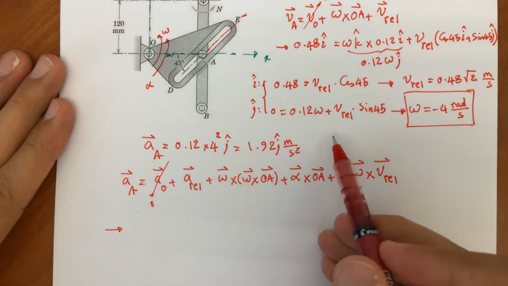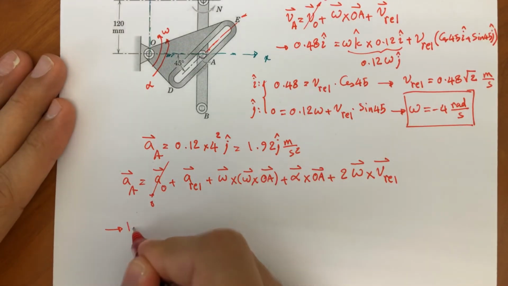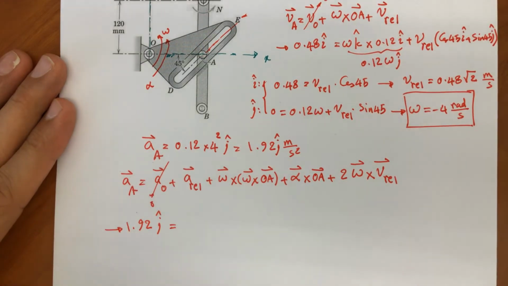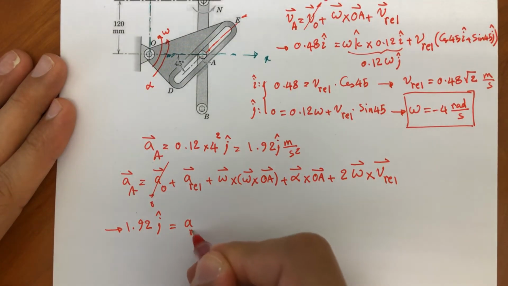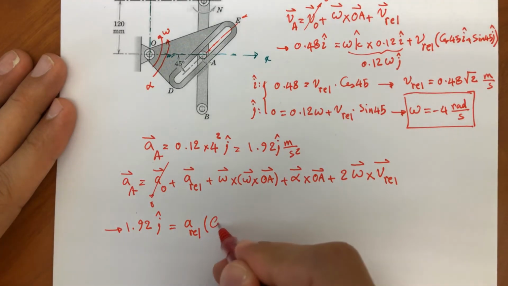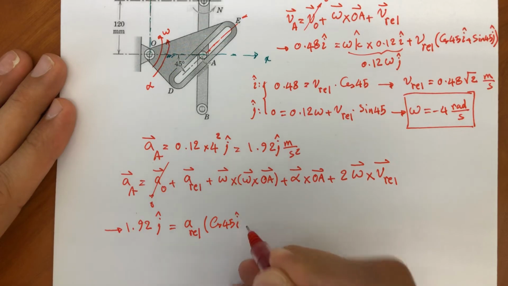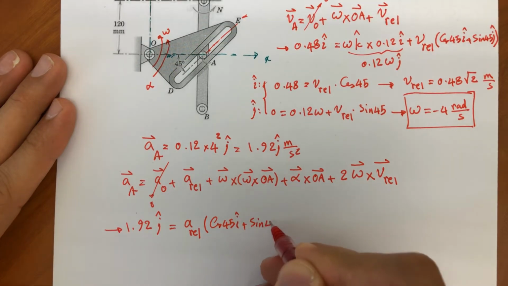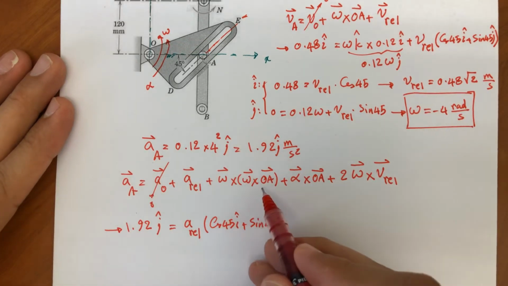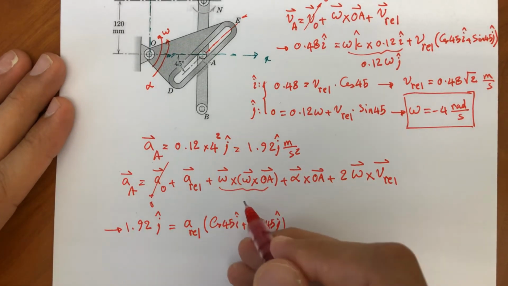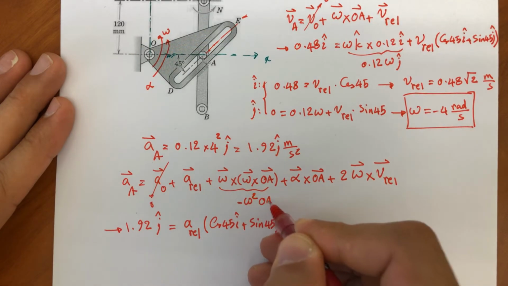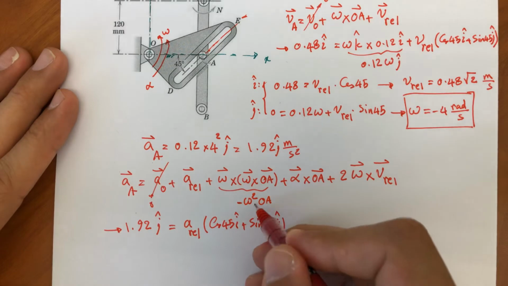Acceleration of A, we found it here. It is 1.92, all in the j direction. A rel, again, we don't know the value of it, but we know the direction. The direction is cosine of 45 i plus sine of 45 j. Omega cross OA, because it's a 2D problem, is equal to negative omega squared times OA, just to get rid of those cross products.